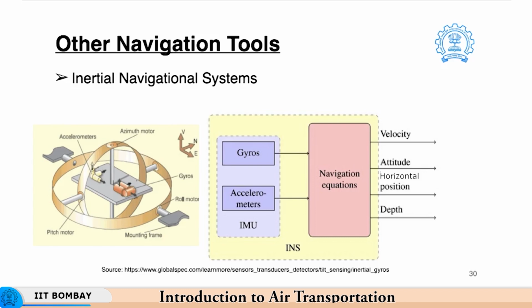So for example, whatever radio navigation systems we discussed previously, those are limited by their range, and most of them cannot be used to carry out precise navigation in sparsely populated areas like deserts or oceanic regions. So in order to carry out navigation in these type of regions, inertial navigation systems are comprehensively used.